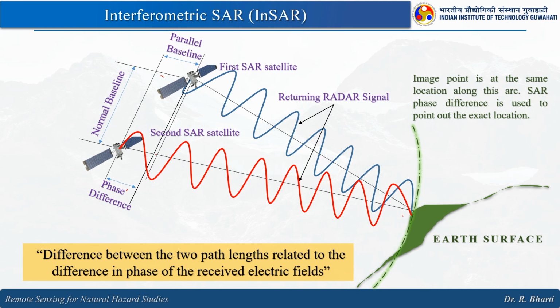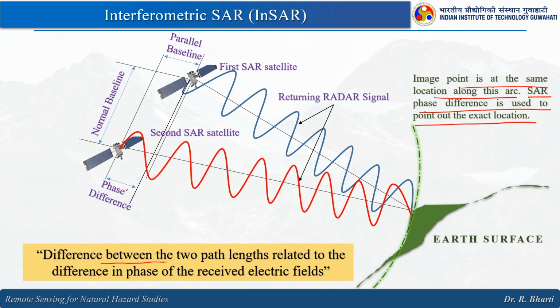These two signals reach the two sensors, which are targeting the same area at a time. Then this is the surface. The image point is at the same location along this arc. The SAR phase difference is used to point out the exact location of this particular object, and it will be very precise when we are using the interferometric configuration.